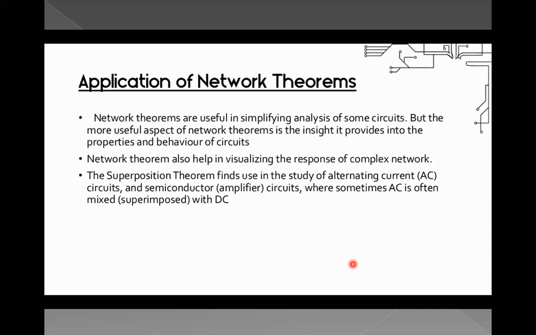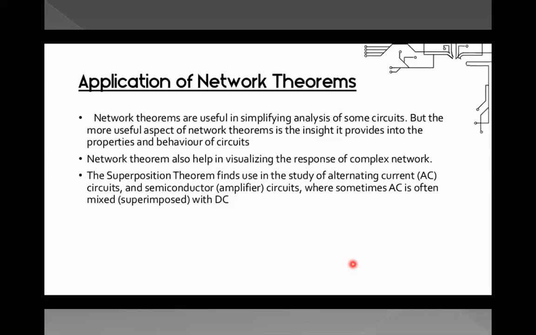Network theorems are useful in simplifying the analysis of some circuits, but the most useful aspect of network theorems is the insight they provide into the properties and behavior of circuits. Network theorems also help in visualizing the response of complex networks.